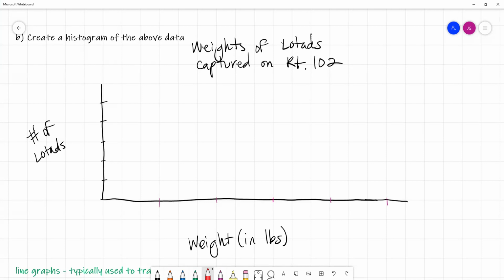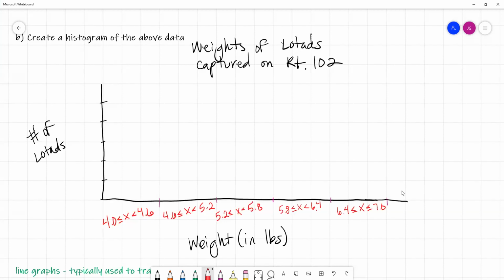So I'm going to label this 4.0 less than or equal to x is less than 4.6, then 4.6 less than or equal to x less than 5.2, 5.2 less than or equal to x less than 5.8, then 5.8 less than or equal to x less than 6.4, and then 6.4 less than or equal to x less than or equal to 7.0. That's the easiest way to do it.